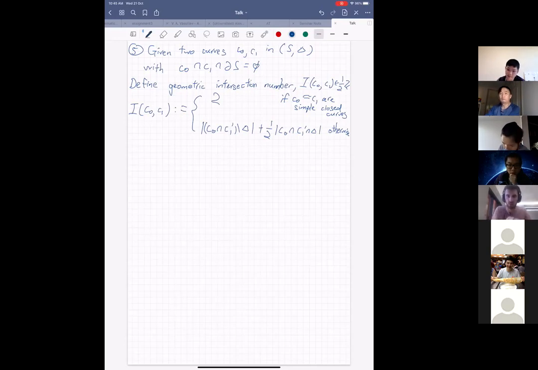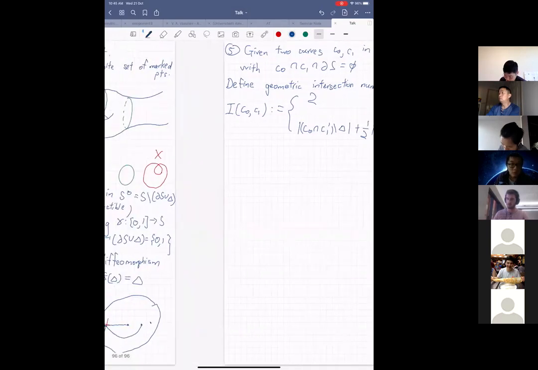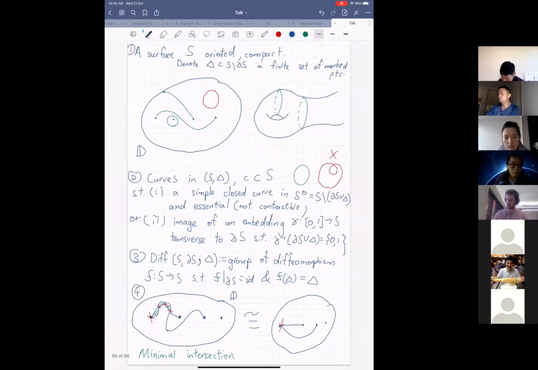Sorry, Keating, did I miss it? What's the C1 prime? Okay, you are asking the right question here. So C1 prime is something like this. C1 prime is this minimal intersection. So you can pick some C1 prime representative.